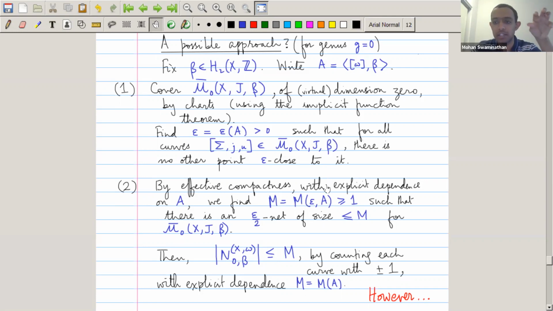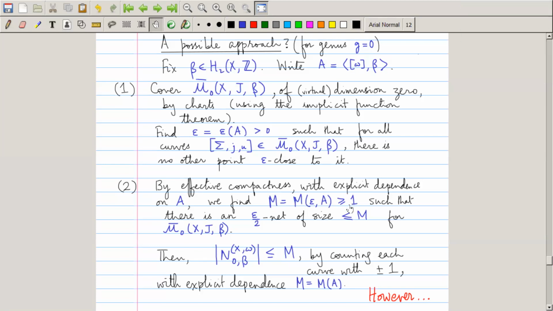I'm not counting the things in that set, but rather just noting that effective compactness tells us that the number of points which are each at distance epsilon apart from one another has to be a priori bounded because the moduli space is compact. And this does not care about the positive dimensionality of the fibers. Maybe it gives us a very bad bound because the fibers are positive dimensional, but here I'm just saying something about distances.